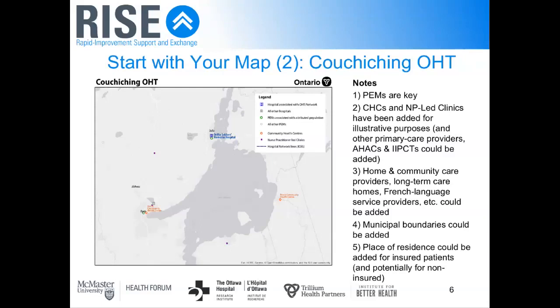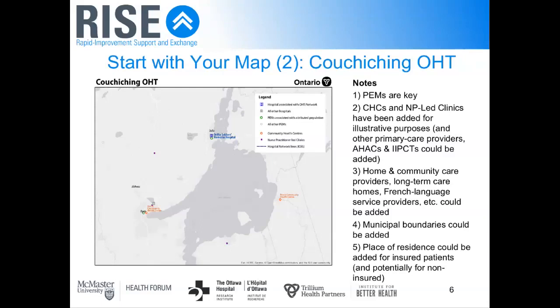And finally, you could also superimpose on the map the place of residence of the Ontarians that have been attributed to this network. So you have to remember that these maps are showing where the providers are located. They are not showing where individuals reside who are seeking care from these providers. So that's, in a way, the easier case, Couchiching team.